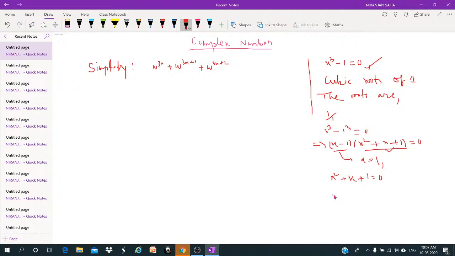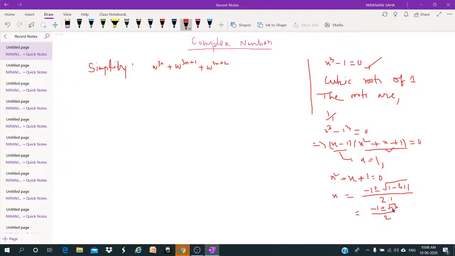Its root must be in this form: minus b plus minus root over b square minus 4ac by 2a, which gives minus 1 plus minus root over minus 3 by 2.